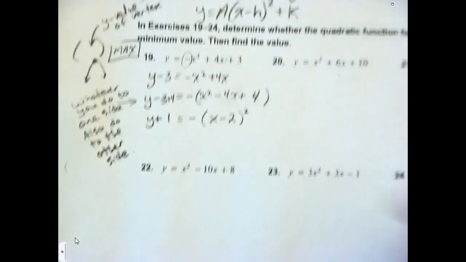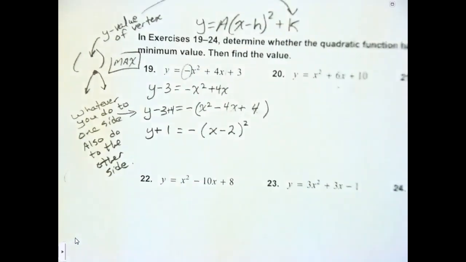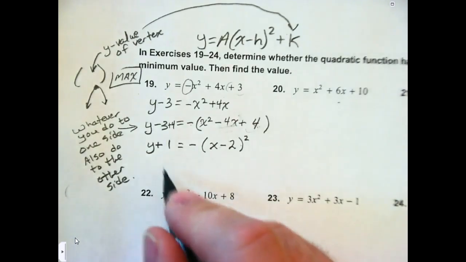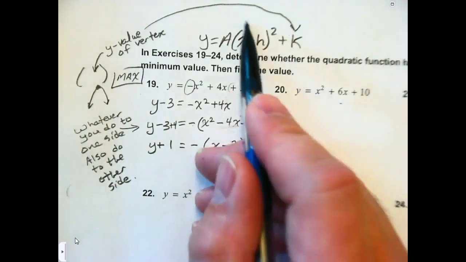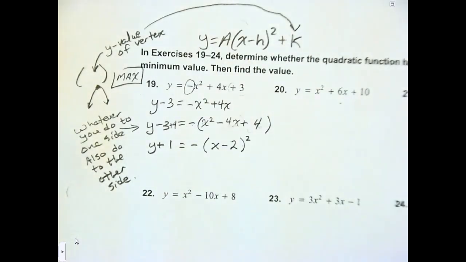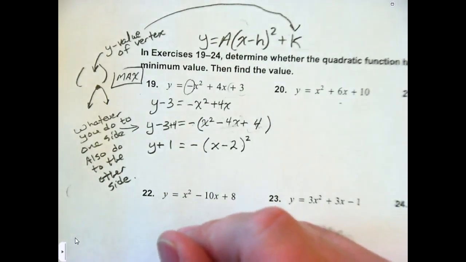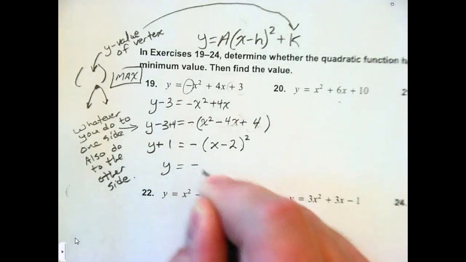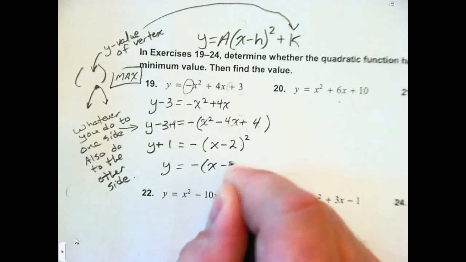Now, if I want it in vertex form, what do I have to do? What do I need to have by itself? Y has to be by itself, so what do I have to do? Subtract 1. Where does that minus 1 go? It goes at the very back.